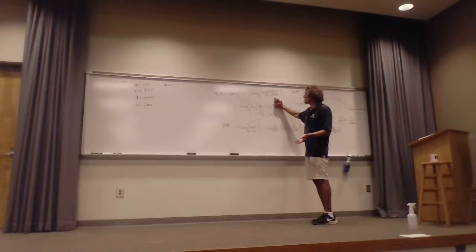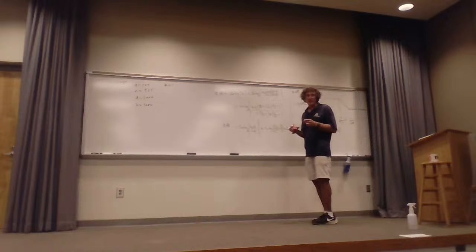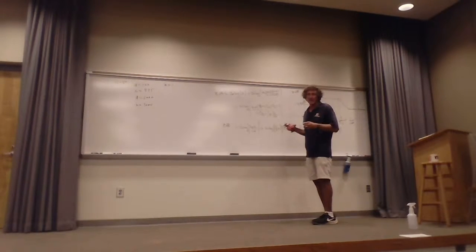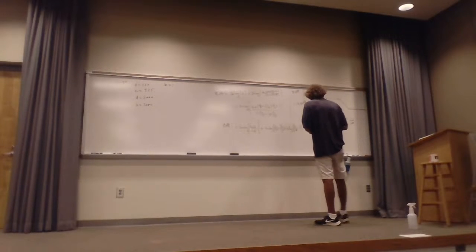So for very large values, it'll just be 20 times log K. Does that make sense to everybody? And what is the log of K? It would be the log of 1, right? Log of 1 is 0, so it is 0.